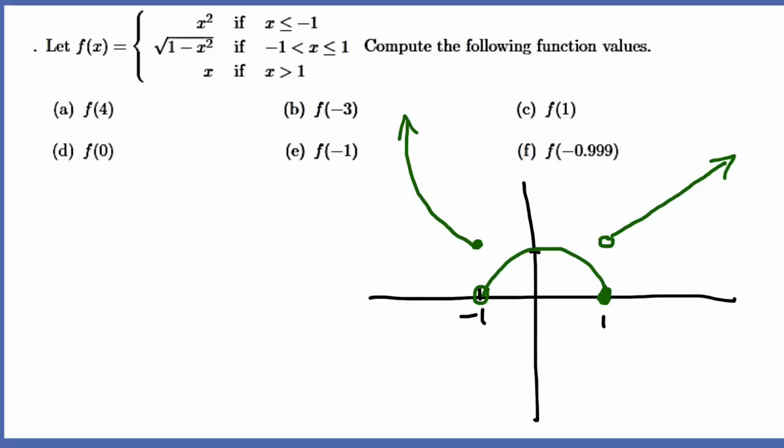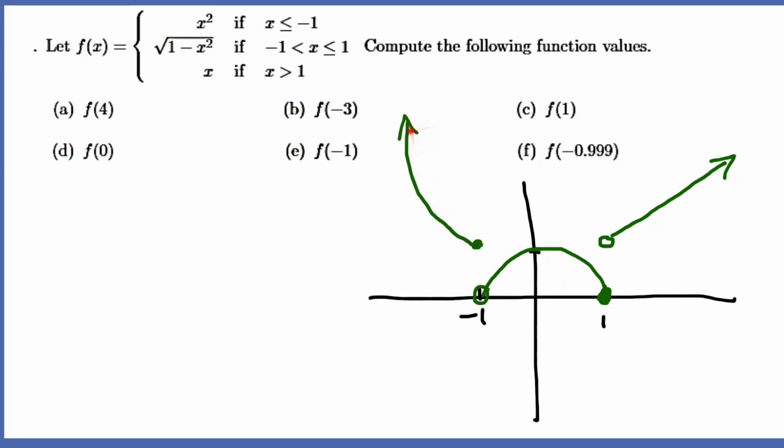Okay, let's take a look at this function. This is what we call a piecewise function. And what this means is that this function within this curly bracket here is x squared if x is less than or equal to negative 1. So at negative 1 here, it's a quadratic facing upwards.